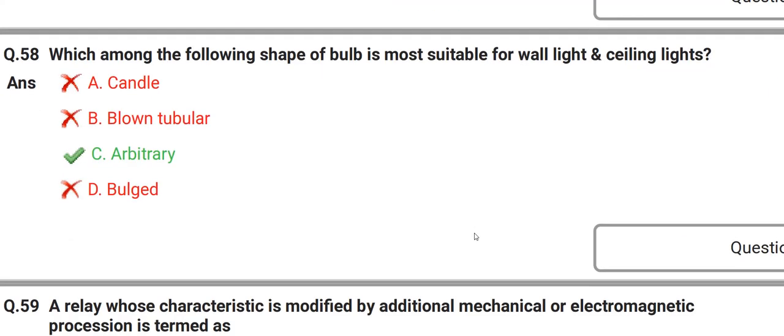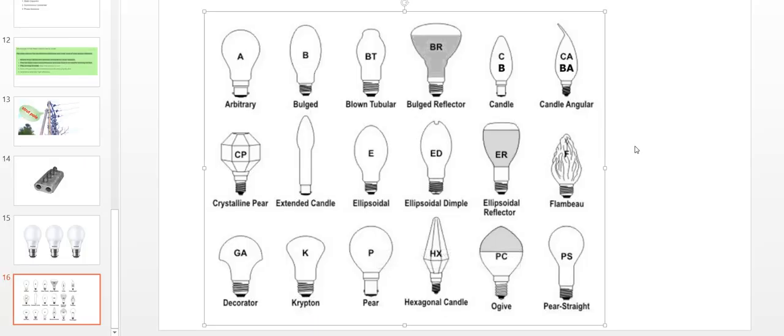Which among the following shapes of bulb is most suitable for wall lighting and ceiling lights? So for this question, arbitrary is the right answer, and you can see the different types of bulbs used for ceiling and walls.